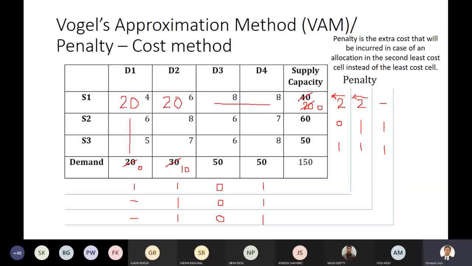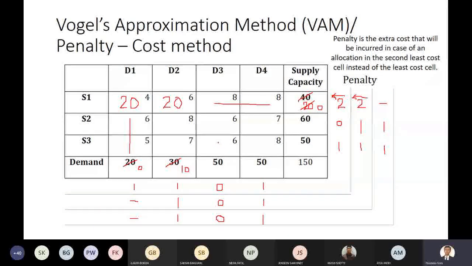Which one to choose depends upon the maximum allocation they can accommodate, because for both the rows the least cost cell is 6. This will be able to bear an allocation of 50 units, whereas this will also be able to bear an allocation of 50 units.